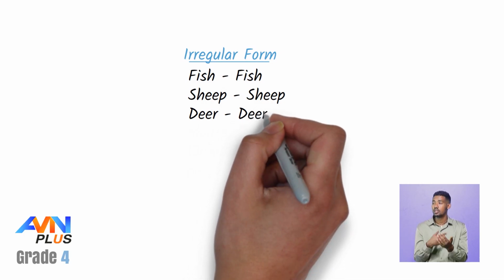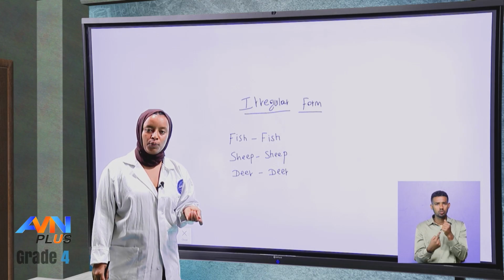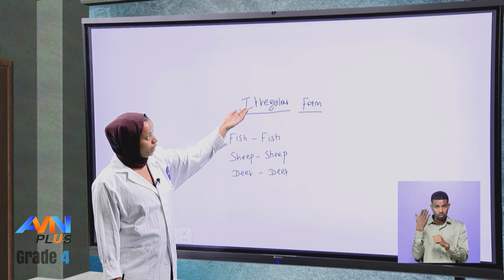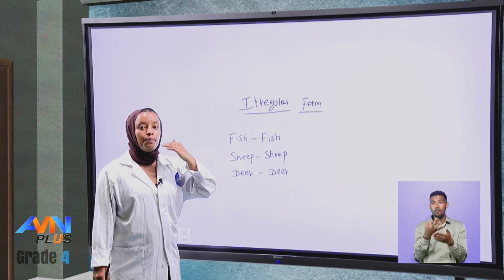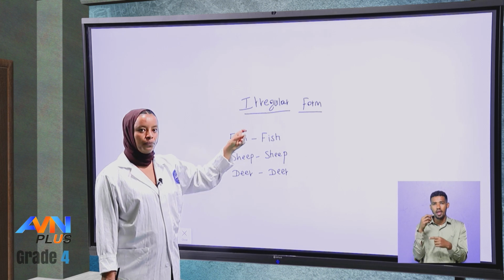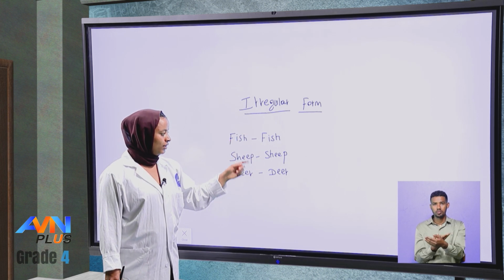These are examples of nouns that do not change when they are singular, also plural. Don't forget, students, these are irregular forms, and try to rehearse every day. Like fish, fish, sheep, sheep, deer, deer.